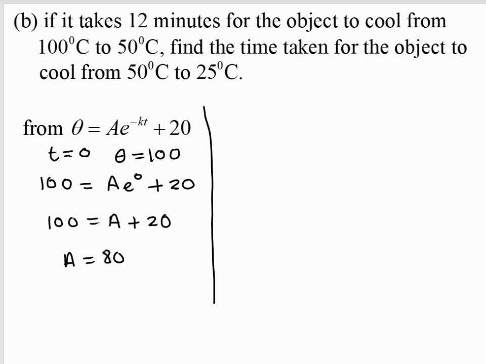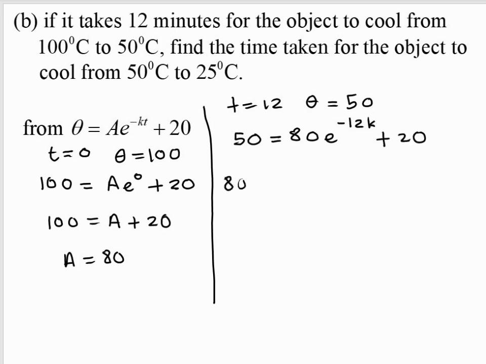And then let's use the other piece of information. When t equals 12, our theta is 50, because the object cooled down from 100 degrees Celsius to 50 degrees Celsius in 12 minutes. So we substitute into our general solution. 50 equals, now we have the value of A so we can use it, 80 e to the power of negative 12k, because our t now is 12, plus 20.